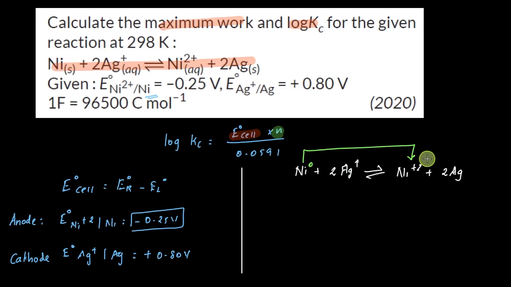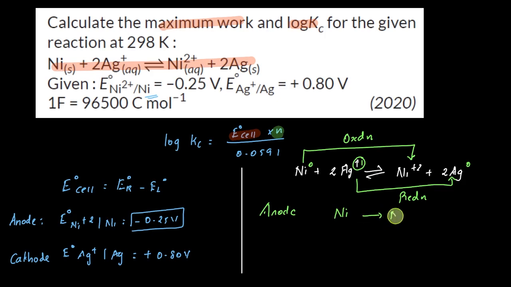Here the oxidation state is higher, which means that it is undergoing oxidation. Now compare the oxidation state of silver. Here Ag+, here Ag 0. So plus 1 to 0, it reduces. This undergoes reduction. We all know that at the anode, oxidation takes place.